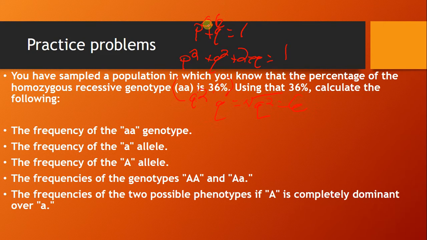If Q is 0.6 and P plus Q has to equal 1, then P has to equal 0.4. So the frequency of the A allele would be that 0.4, or 40%.